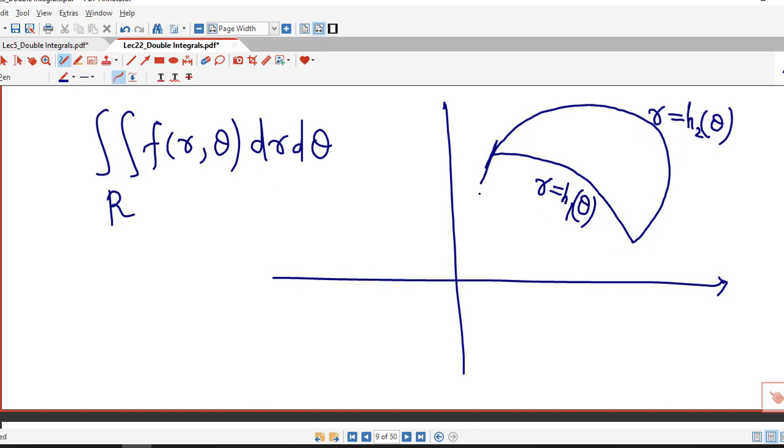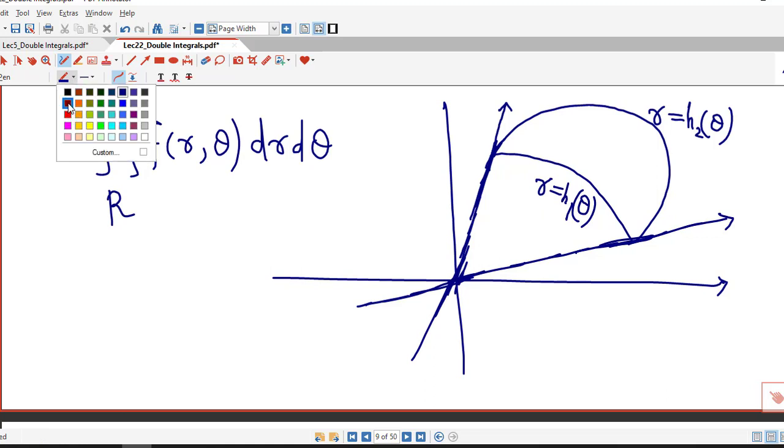For the limits of theta, I consider the lowest value of theta and the highest value of theta. Our region starts from this point, so at this point we determine the value of theta.